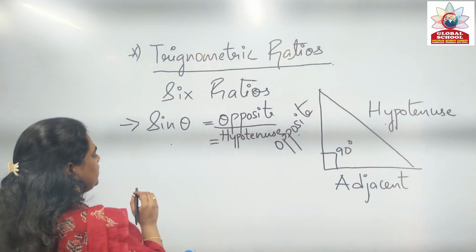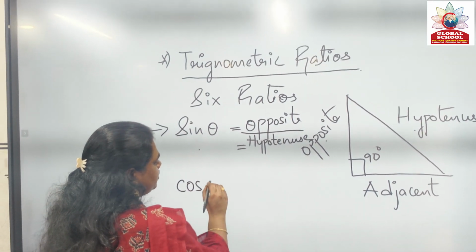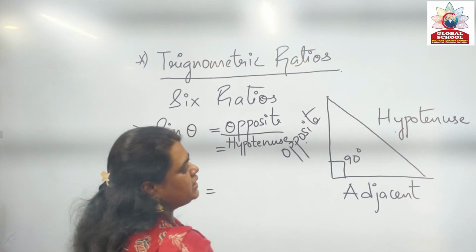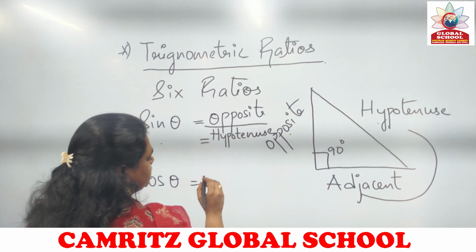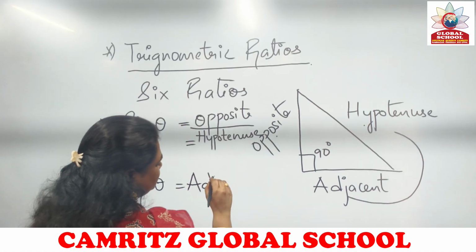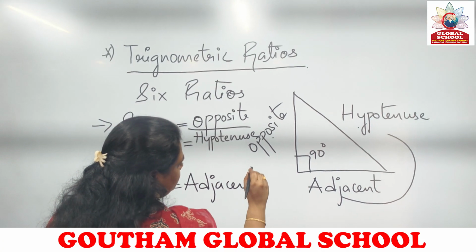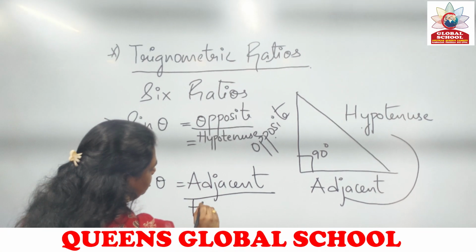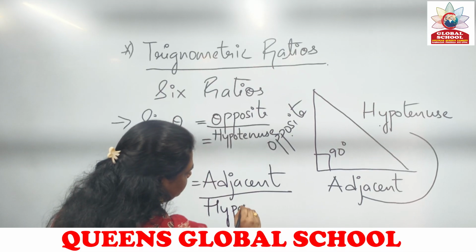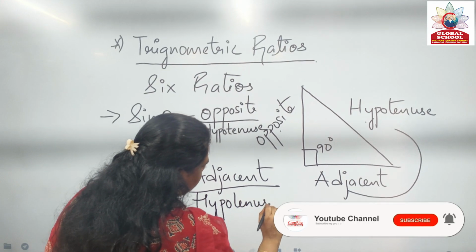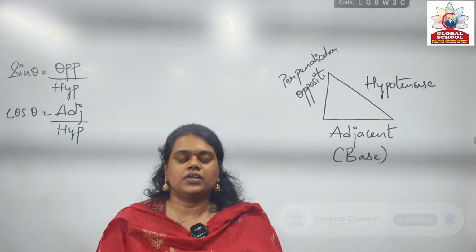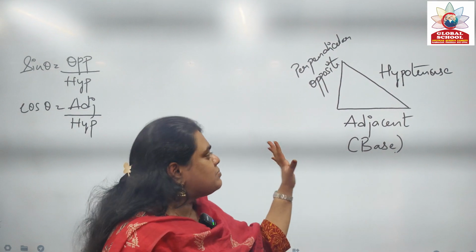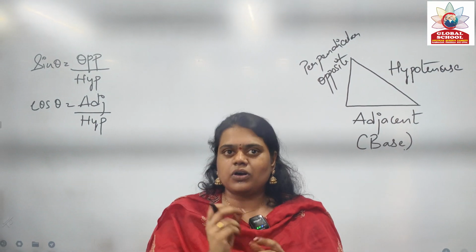So the next one is the cos theta. For cos theta, it is adjacent divided by hypotenuse. So to remember this, there is a small trick for that.